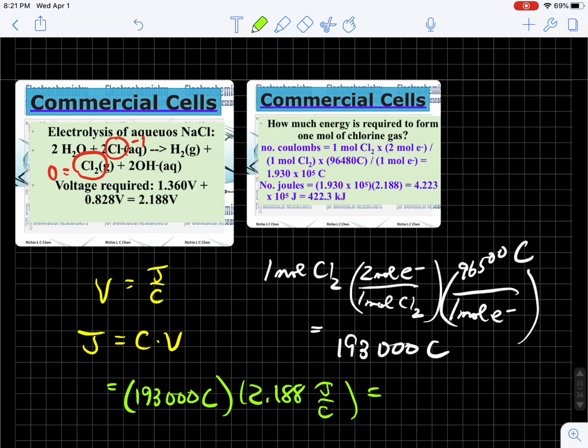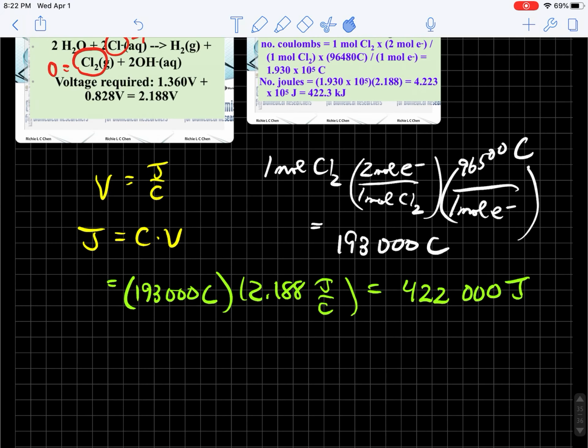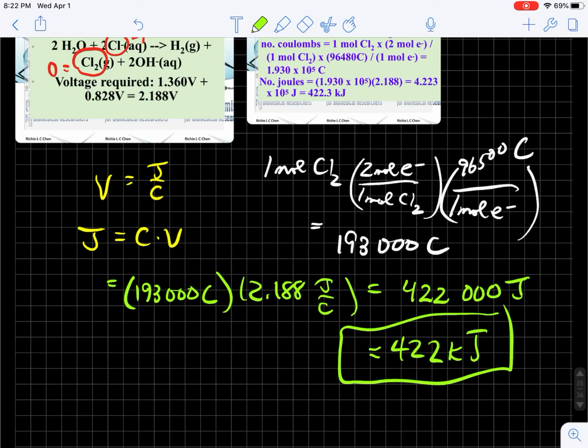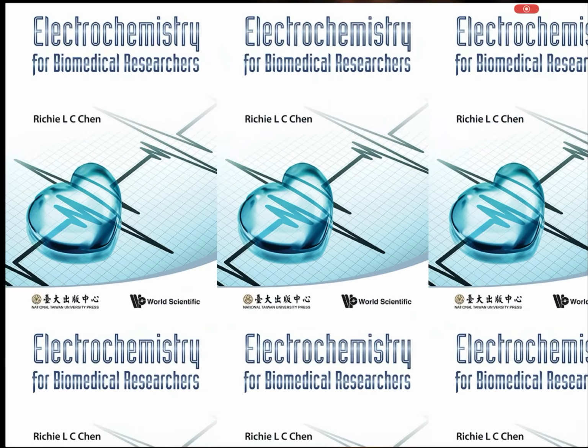That's what a volt is. And I get 422,284, which we can convert to kilojoules. Again, those relationships that we talked about in part 1 come in handy in these sort of calculations.